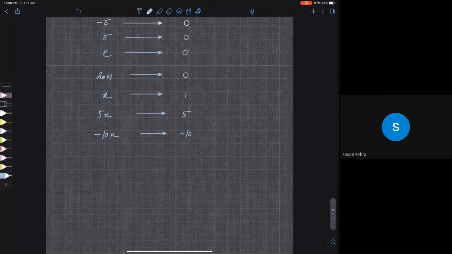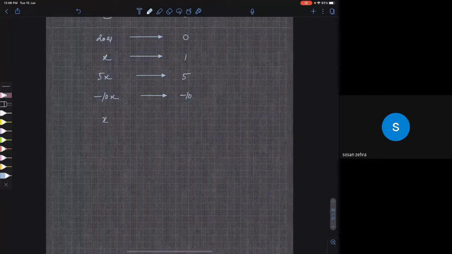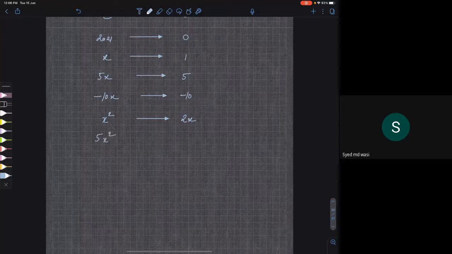So tell me, what is the derivative of x square? 2x. What is the derivative of 5x square? 10x. Very good. What is the derivative of minus 10x square? Minus 20x. Very good.